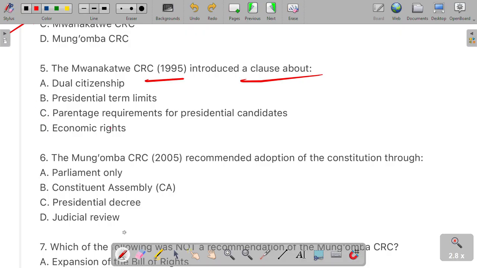What's our correct answer? Our correct answer is C, parentage requirements for presidential candidates. So the Mwanakatwe CRC clause was about parentage requirements for presidential candidates.